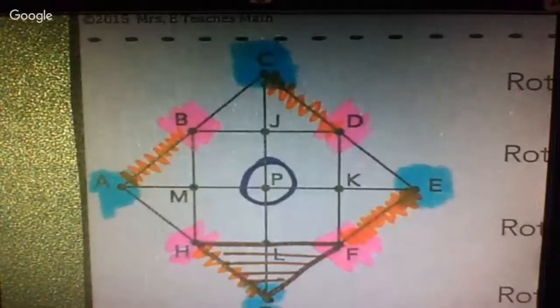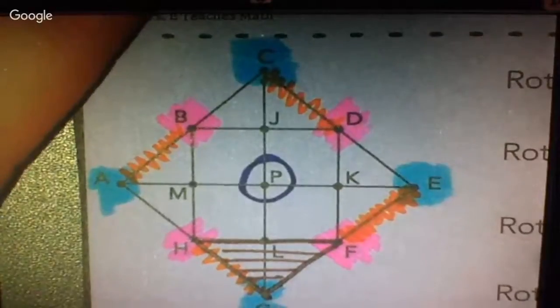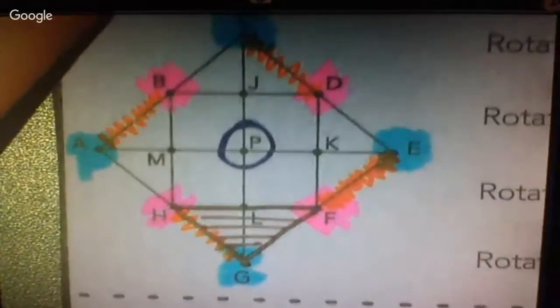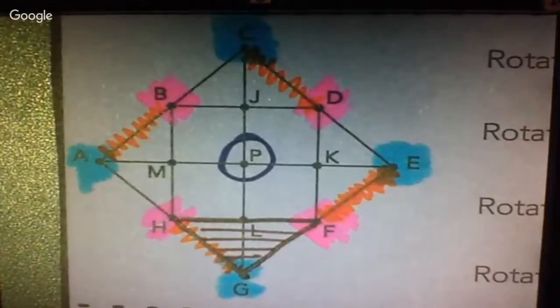The next one, we're rotating H 90 degrees. We're at F. K is going 180 degrees. M, perfect.